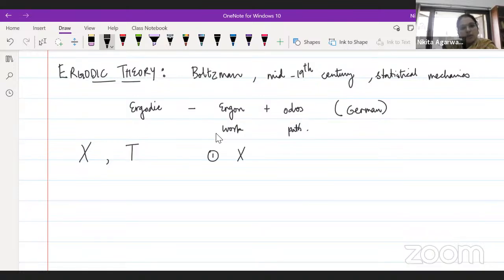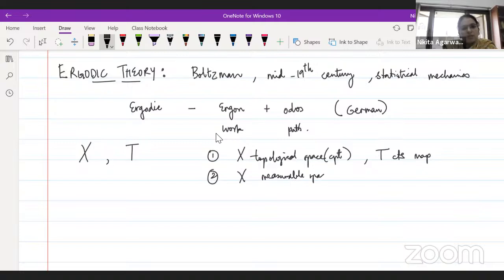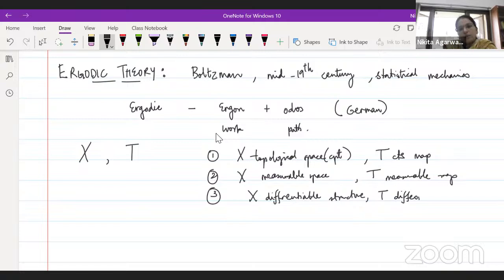The first one is when X is a topological space, generally compact, and T is a continuous map from X to X. Second is when X is a measurable space or measure space, and T is what is known as a measurable map. And third is when X has some differentiable structure and T is, say, a diffeomorphism.